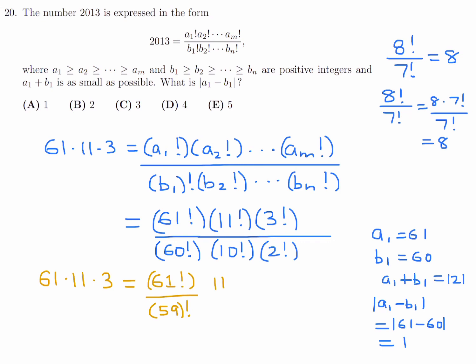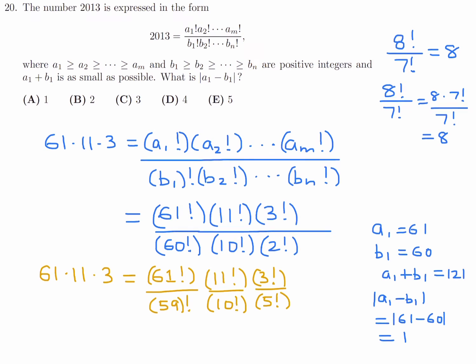Well, watch what happens. The 11 and the 10, that's fine. That's perfectly valid. You don't need to change that. But then the last two, you do a little bit of fanciness here. 3 factorial over 5 factorial.